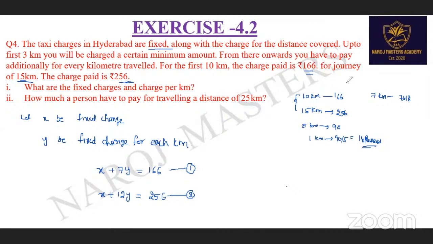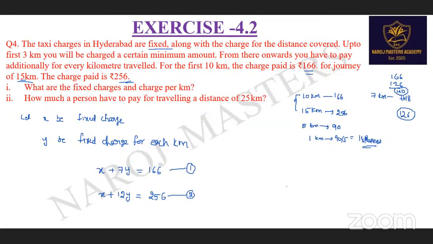Out of 166, you have to remove 126. 7 18s are 126. So this is 126 rupees for the first 7 kilometers. So out of 166, if you remove 126, what is the fixed charge here? 40 rupees.